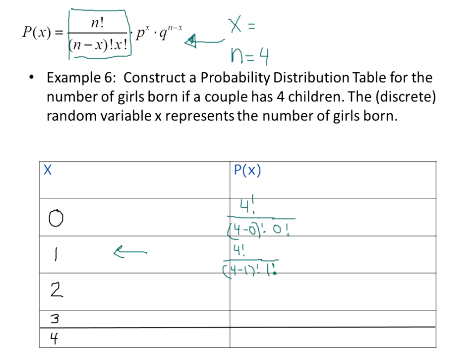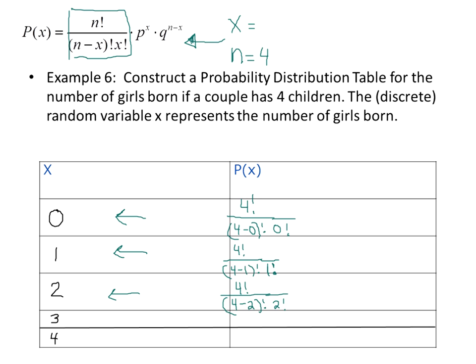I'm just doing the counting part of this and putting it into the formula. Okay, so now x is 2. The formula says 4 factorial over n minus x. N is 4. So that's 4 minus 2 factorial, and that's over x factorial, which is 2.